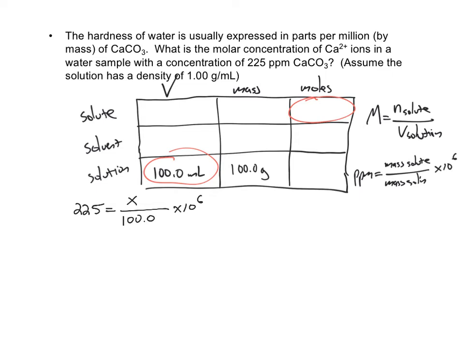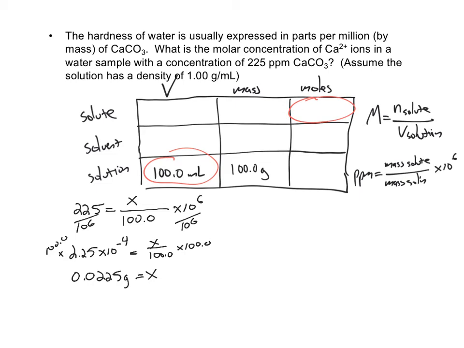So the first thing I'll do, let's get rid of this 10 to the 6th. Multiply both sides by 100. So the mass of the solute is 0.0225 grams.